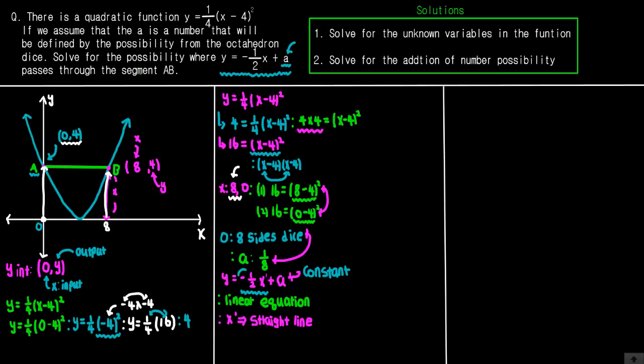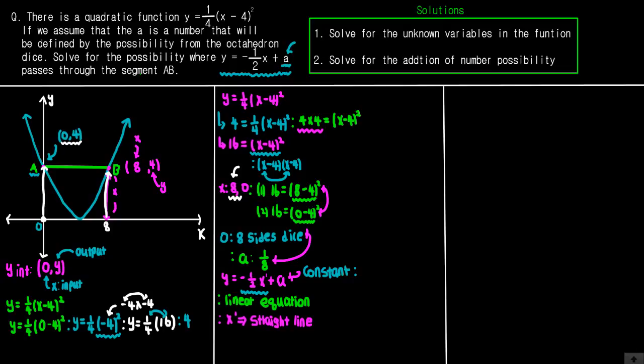But these slopes are all going to be the same because they are all negative 1 over 2. And the places where this linear function is located are going to be defined by our constant a. We can figure out the constant a.